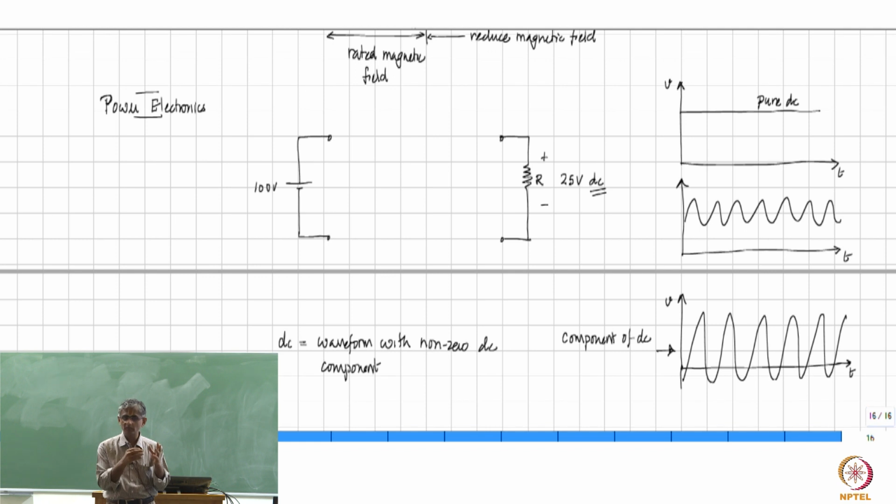Whether you can allow those kind of impurities, or whether you really need a pure DC. Now, for example, let us assume that you want to supply this DC to some integrated circuit. You have seen an IC, everybody? So you want to supply DC to an integrated circuit.